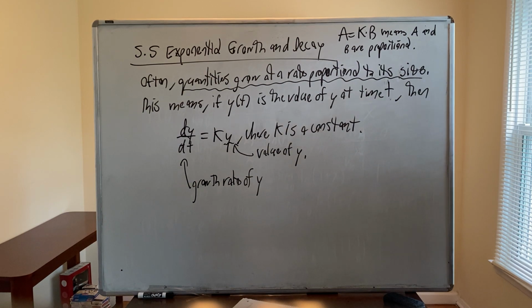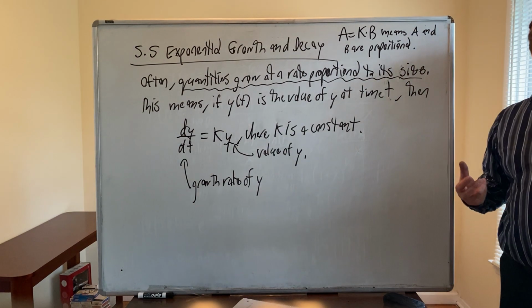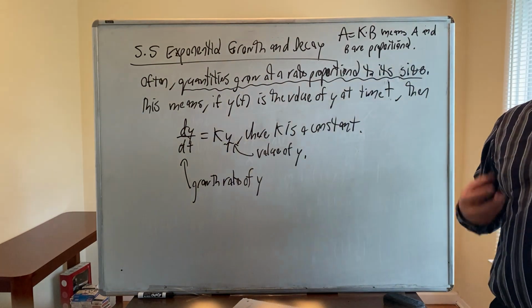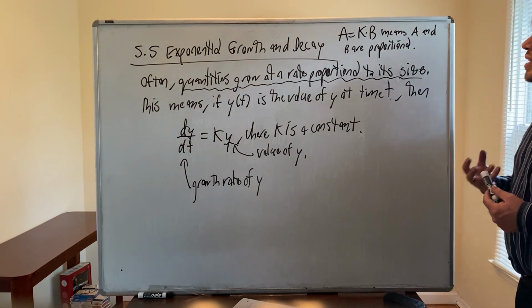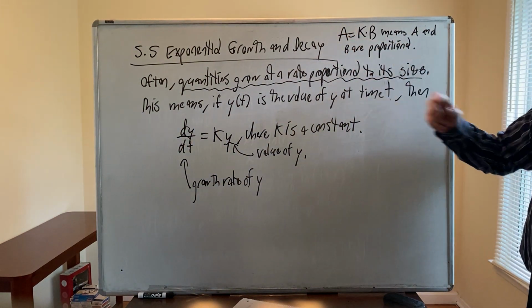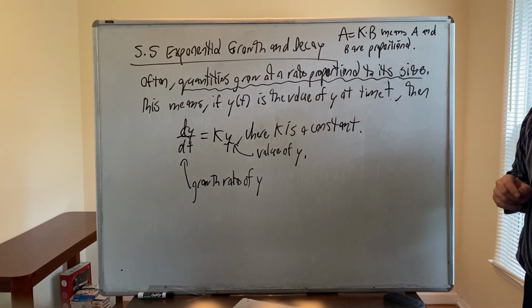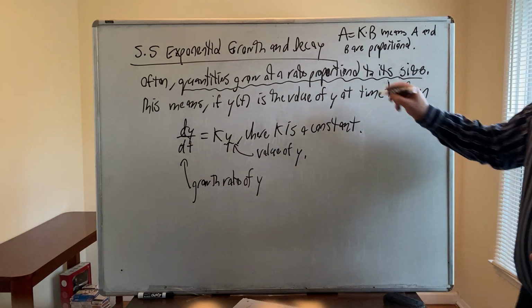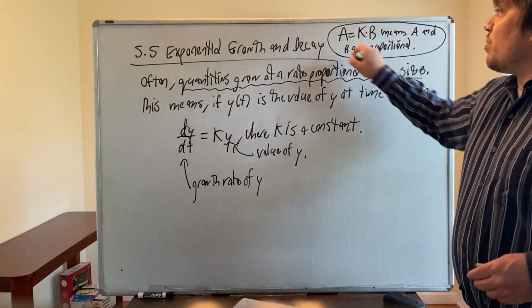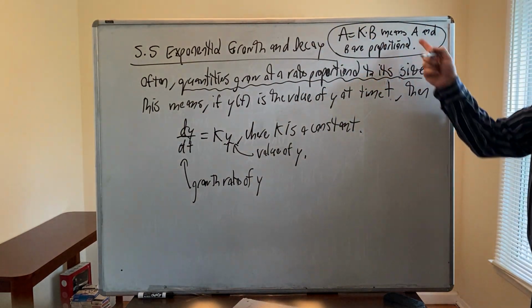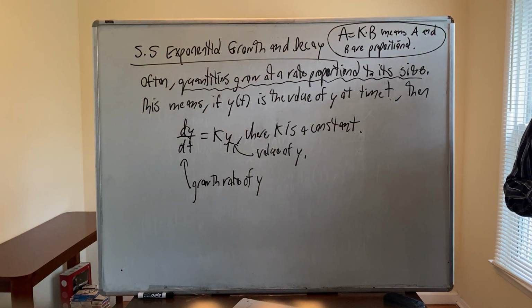So saying that the growth rate of a quantity and the value of the quantity itself is proportional is saying that one value is equal to a constant multiple times the other value, right? So this is fairly simple, right? A equals k times b means that a and b are proportional.